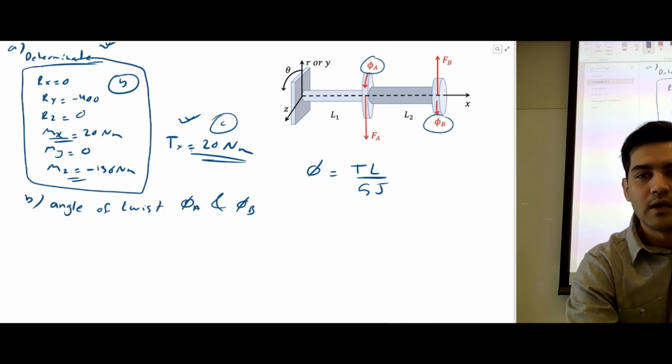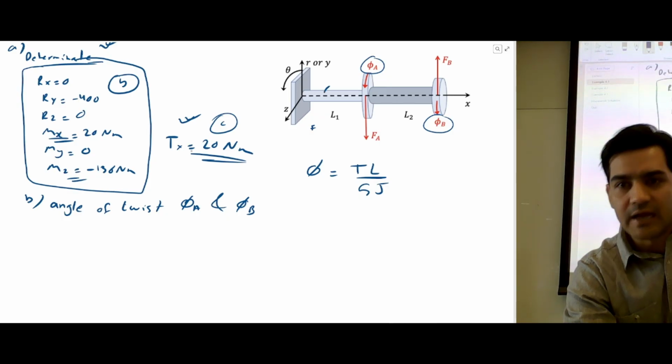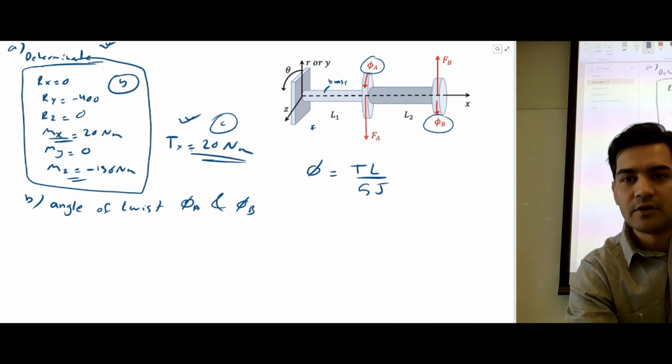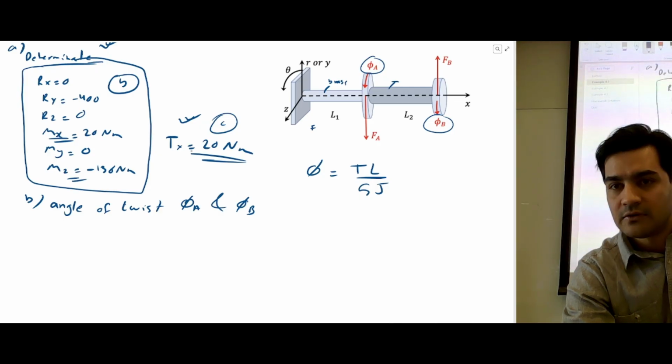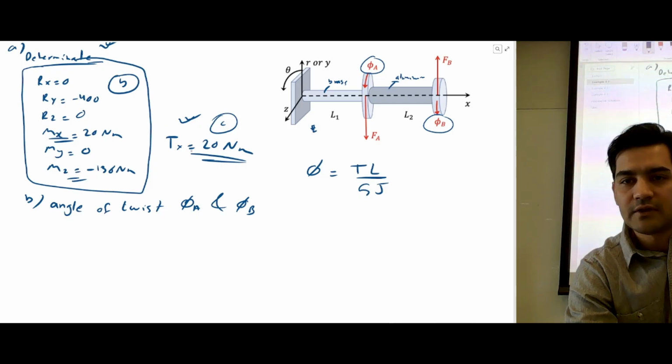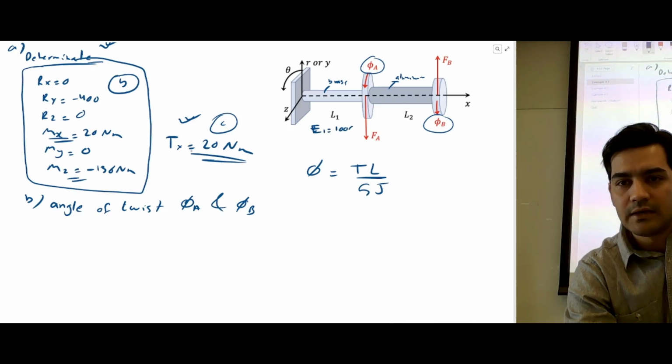So this is member 1. We know this was made up of brass, I guess. This was made up of brass. This was made up of aluminium. So the modulus of elasticity for the brass was 100 gigapascals. Poisson ratio was 0.34.